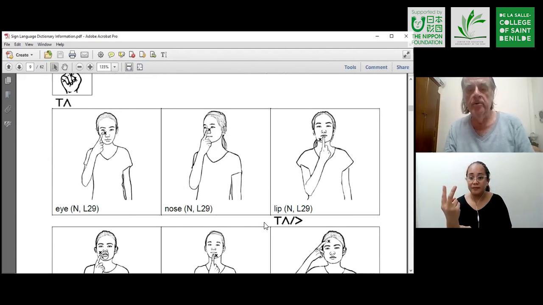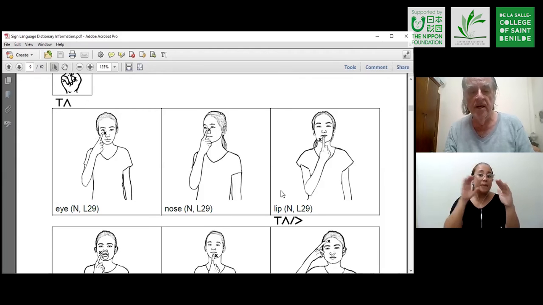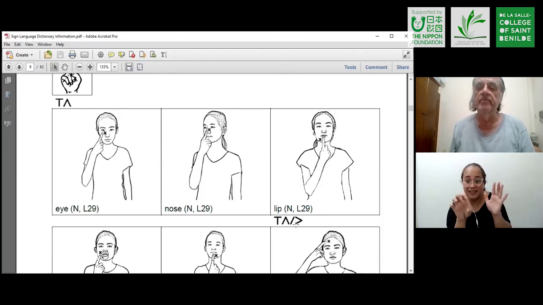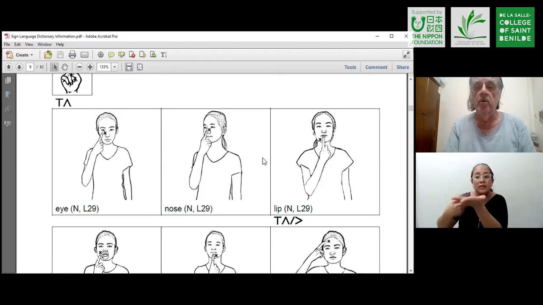Now, when you do your dictionary and you go between lines of drawings, you can either put a space before the orientation, or you can just simply put the orientation directly as it's done here. So you need to consult with everybody else in the course to make sure you're all doing it the same way.